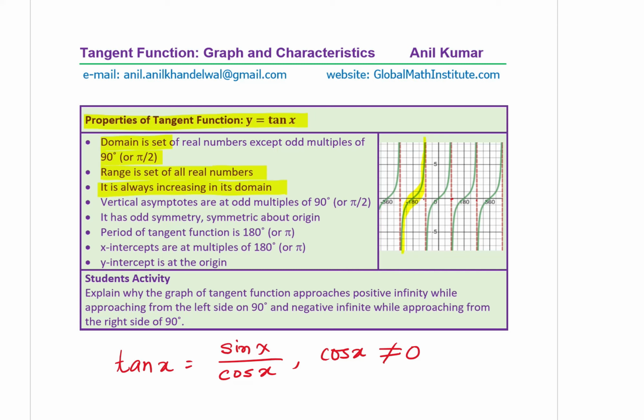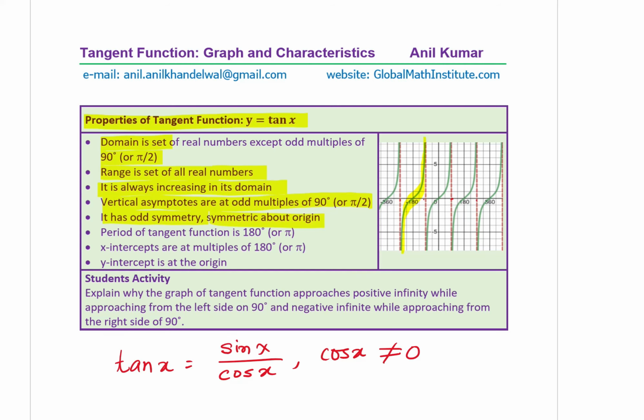Now, tangent and cotangent function both have vertical asymptotes and they kind of give you the boundary within which we can get the principal or the main characteristic or graph of the function, which can be repeated to get the complete graph, right?